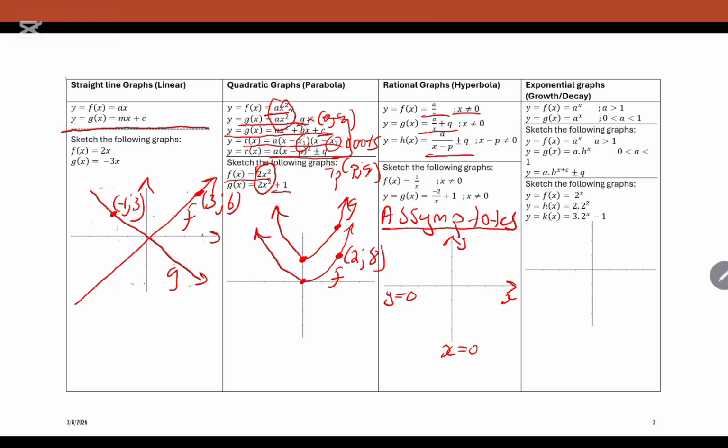Now, for example, if you are looking at the graph y is equal to a over x, and a is a number smaller than 0, meaning a is a negative number, the graph is going to be found in the second quadrant and the fourth quadrant. When you look at this graph, these two pieces are absolutely the same, but they are facing different directions.